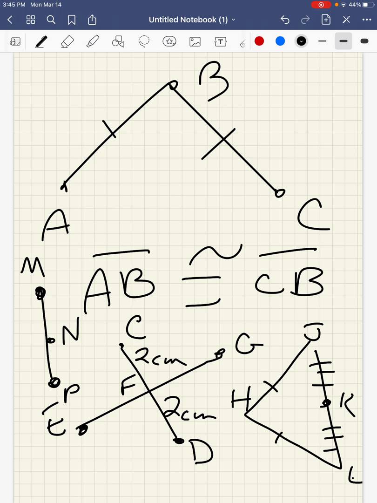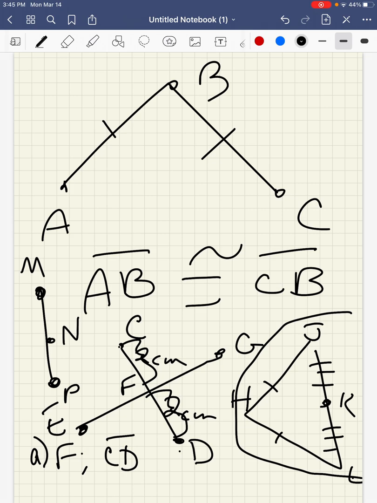So letter A says name each midpoint and the segment it bisects. All right, so I know that F is the midpoint, and it bisects segment CD because this is congruent to this. So it bisects CD. Over here in this diagram, what do we know there is the midpoint?